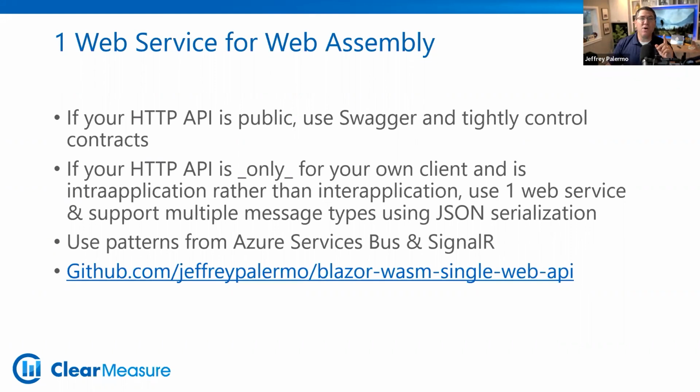So if you are using a Blazor WebAssembly application, then look at this pattern. Don't just go whole hog into using the default pattern out of the box, because you're going to end up with tons of web API controllers for no benefit, and the maintenance overhead is going to be created just because you have so many of them. And you never intend to support them as published parties anyway. So you're not going to layer on Swagger and all this other stuff. You only need one. You only need one way to jump over the wire and get to the server.